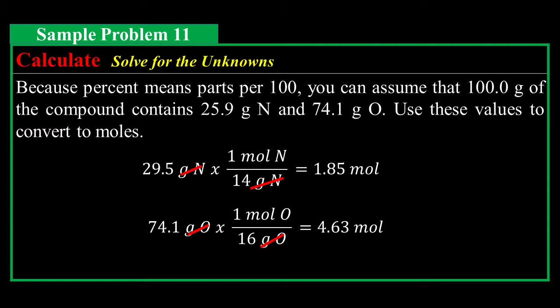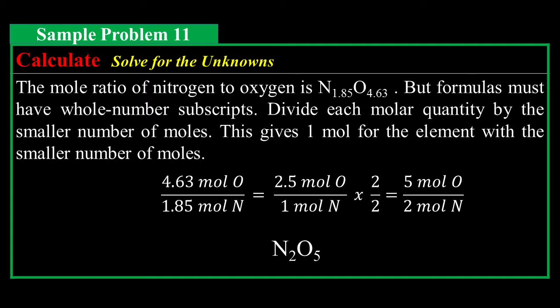So now you want to do the whole number ratio. So you want to divide 4.63 by 1.85. The mole ratio of nitrogen to oxygen is 1.85 to 4.63, but formulas must have whole number ratio subscripts.